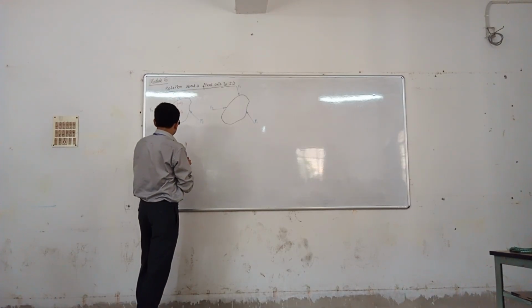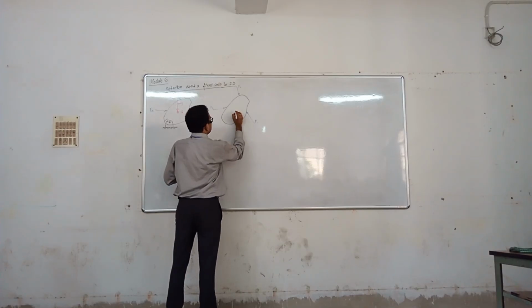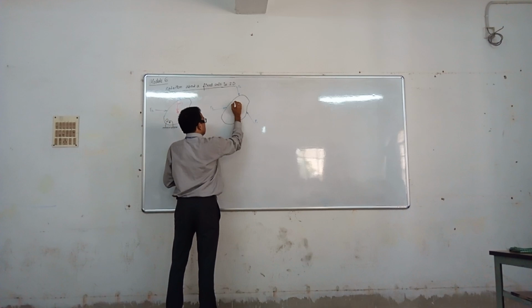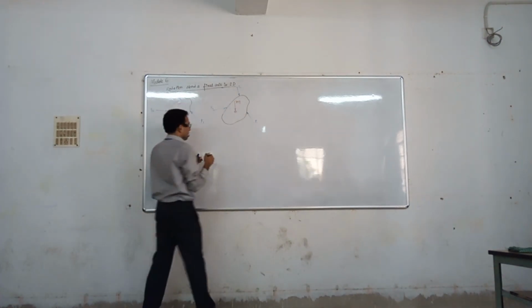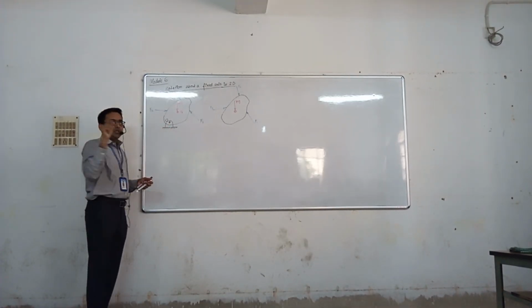Then we have G here. And what else? Here there is a pin joint.